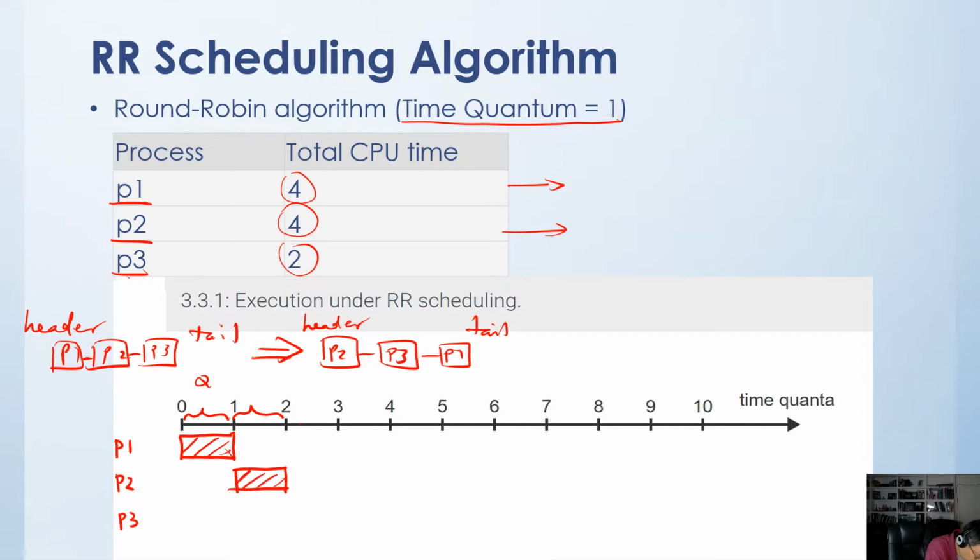The round-robin algorithm picks P2, and once P2 is done with its time quantum, P2 is put at the tail of the queue, and P3 is selected next.